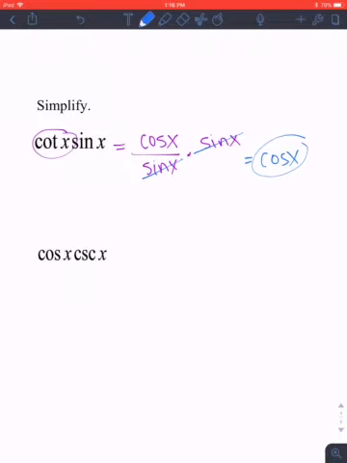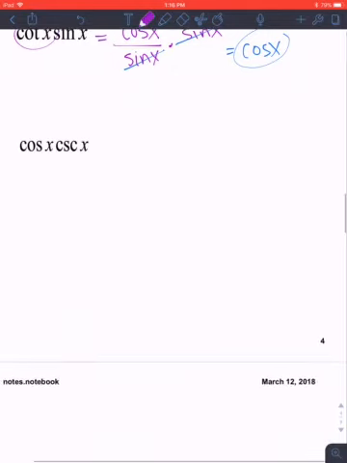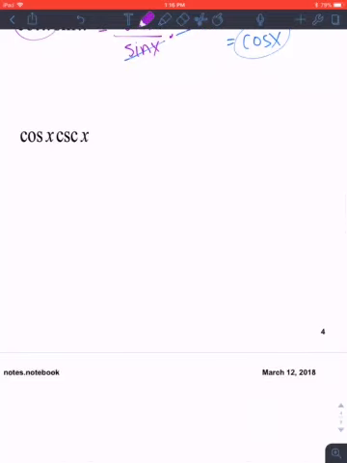Okay. So again, if we had started that one off by saying it's 1 over tangent of x, which is not necessarily wrong in some problems, it just didn't get us any closer to simplifying. So, all right, the next one: cosine of x times cosecant of x. Cosine of x is already in terms of sine or cosine, so I'm going to change cosecant into terms of sine or cosine. So here's still the cosine of x. Cosecant is 1 over sine of x.